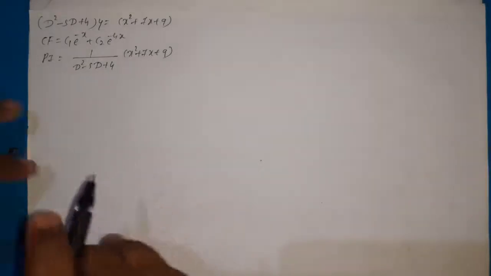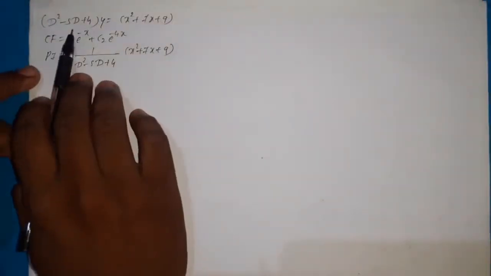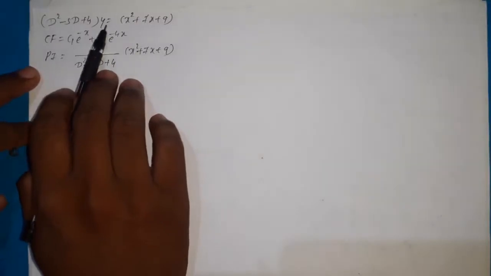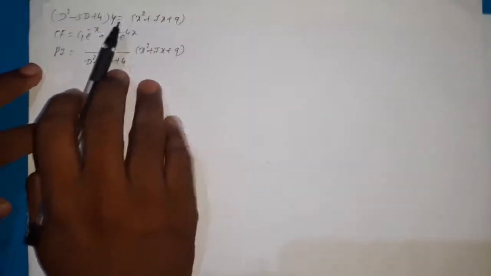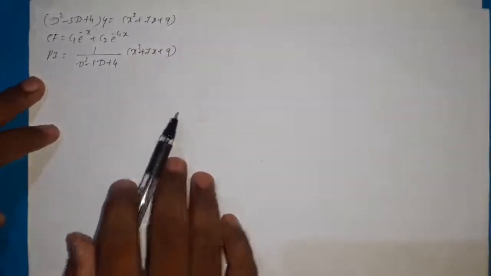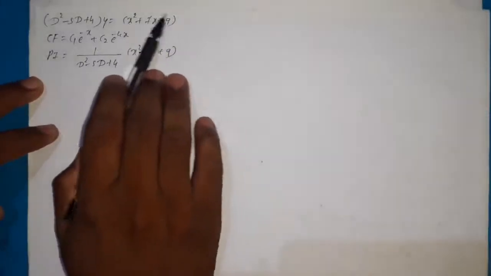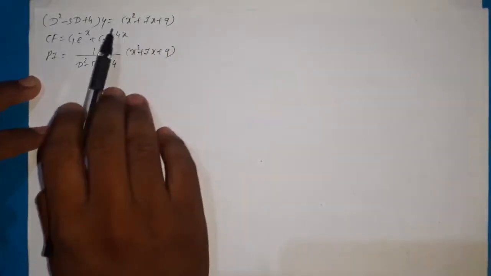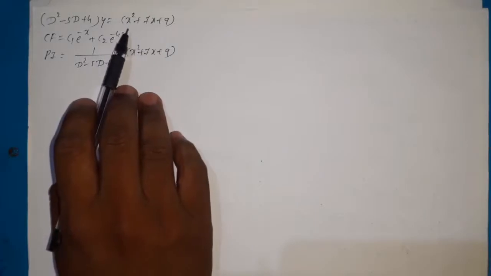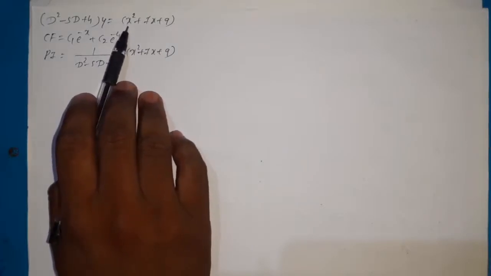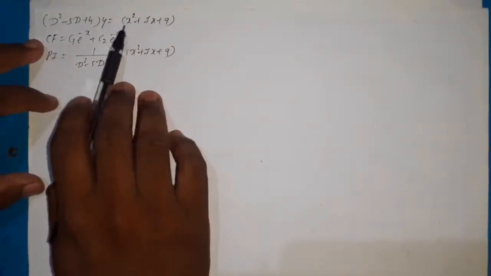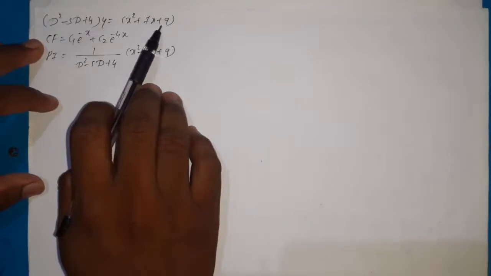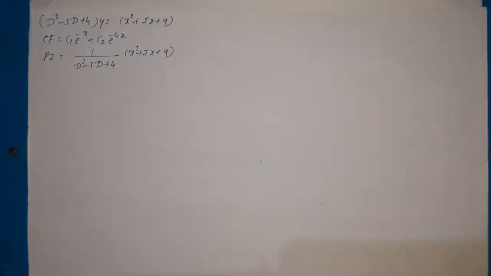Next example, (D square minus 5D plus 4) y equal to x square plus 7x plus 9. So here it is of the form x power m only, because x square is the highest power of x, so we can differentiate this one and get the derivative equal to 0 after some differentiations.